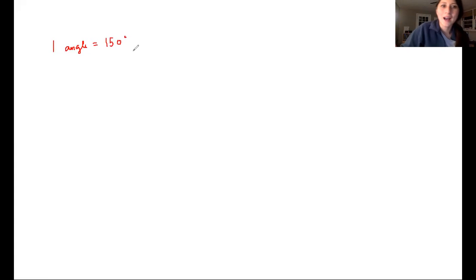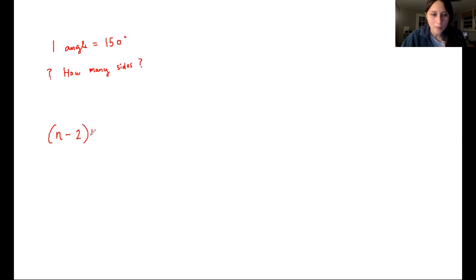Well, I don't know how many sides. The question is, how many sides does this polygon have? So let's use the formula that we talked about just a little earlier, okay? We talked about how if we don't know how many sides there are, it's n minus 2, however many sides there are, n minus 2, times 180.